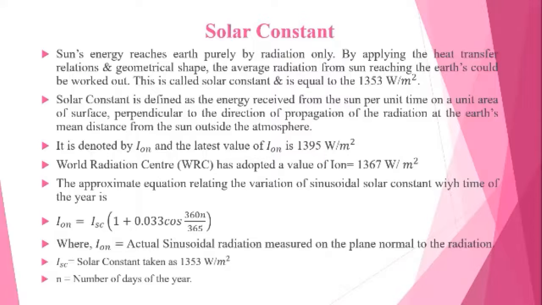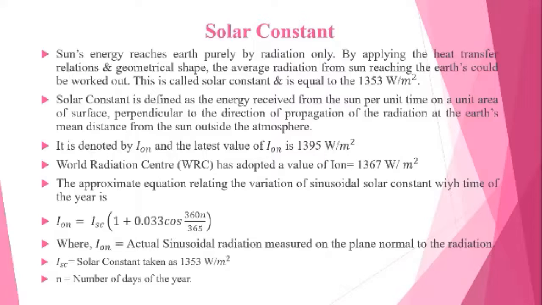The approximate equation relating the sinusoidal variation of the solar constant with the time of the year is ION is equal to ISC into bracket 1 plus 0.033 into cos of 360 n divided by 365.